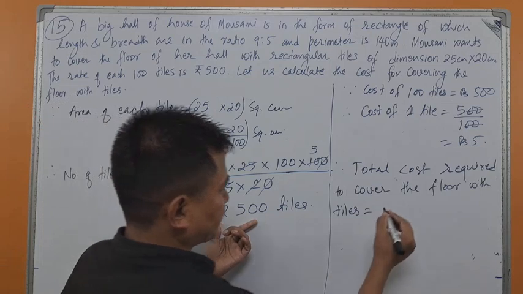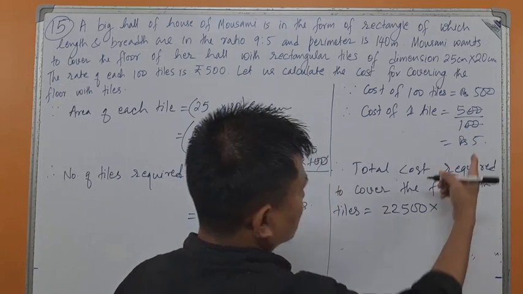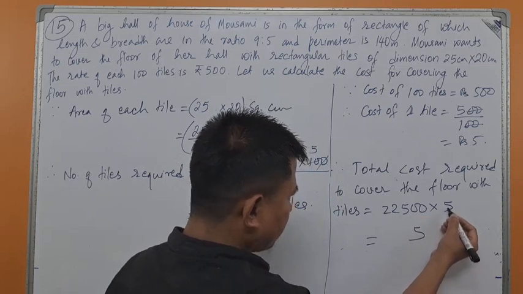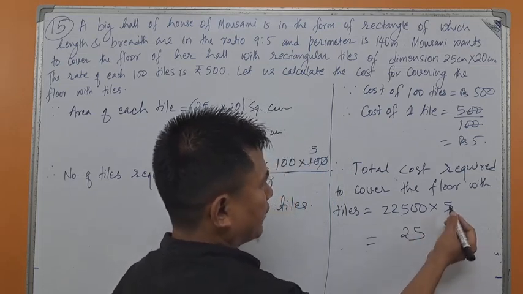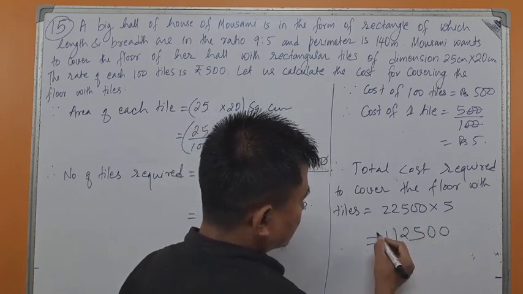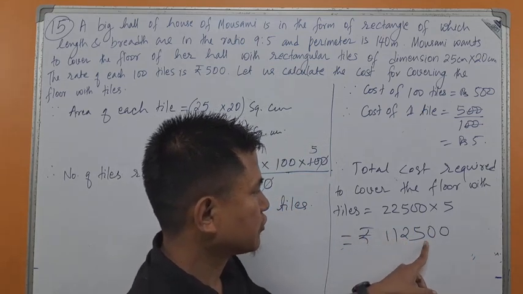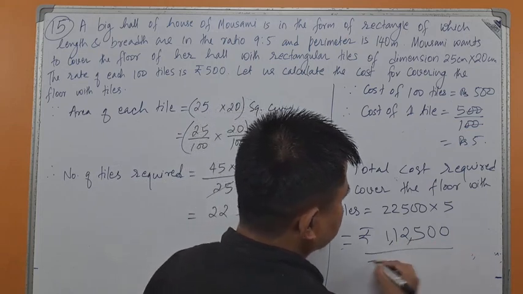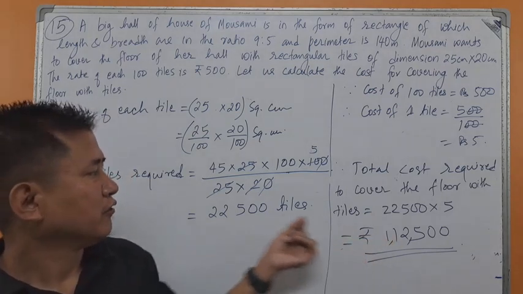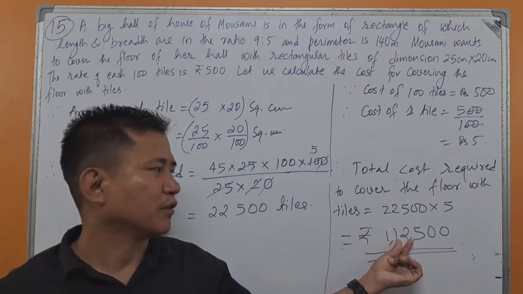So number of tiles is 22,500, and cost of each tile is 5. 5 fives are 25, 5 twos are 10, 11, 12, 1 in hand. 5 twos are 10 plus 1 is 11. These two zeros we write here. So rupees 1,12,500. So what will be the cost of covering the floor of the hall with tiles that cost rupees 5 per piece? The answer is 1,12,500 rupees.